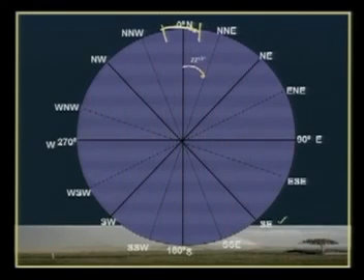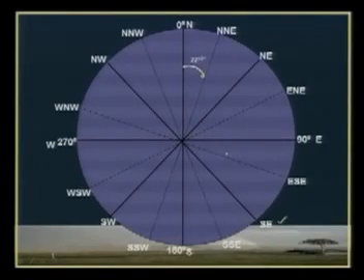So this angle will be half of 22.5, and this angle also will be equal to half of 22.5. Let us divide this so we can clearly show what range of degrees would refer to the north direction. Essentially I should divide this part in half and divide this part in half.